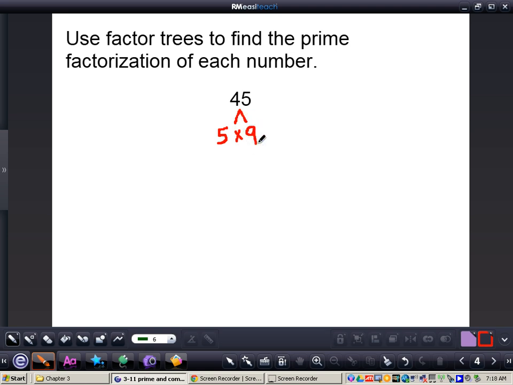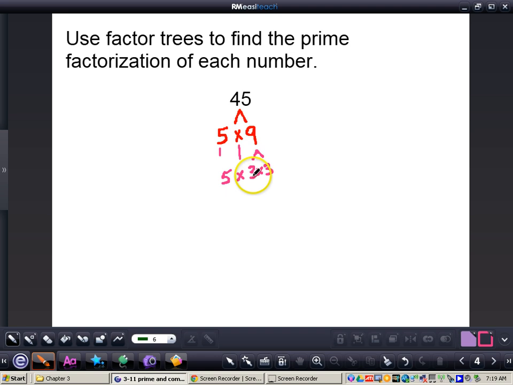Okay, now here's a situation where one of the factors is prime, the other one is composite. So 9 is composite. In other words, there's another multiplication fact that can still equal 9. So I need to break 9 down still, and I can leave my 5 alone. And 3 times 3 is going to give me 9. Now whenever I do this, I can just simply drop my multiplication sign like we've been doing, and then I'll even drop my factor of 5 and write it down here.